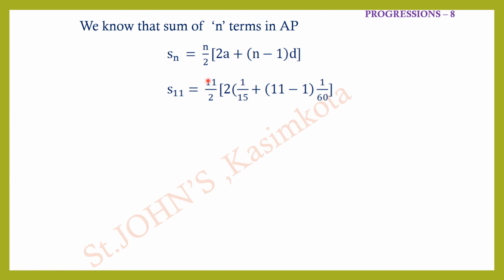S11 equals 11 by 2 into 2 into 1 by 15 plus 11 minus 1, we get 10, into 1 by 60. Next step: 11 by 2 into 2 by 15 plus 10 by 60.